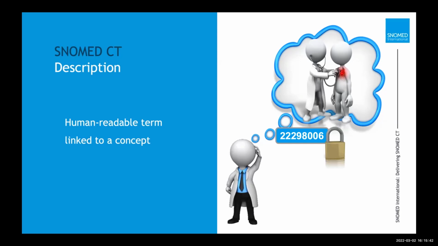In this case, it's myocardial infarction disorder, which unambiguously represents the meaning of the concept. And then there is one or more synonyms such as heart attack, or there could be other synonyms that are used. These are alternative ways of referring to the same clinical meaning. And each description also has a unique identifier.